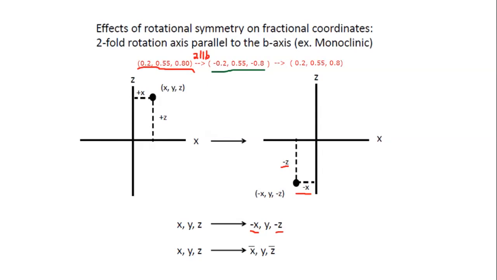Now if you wanted to say how would this look if we were parallel to the c axis, we can look at that. So we take the same set of coordinates, but here we'll do a twofold parallel to the c axis.